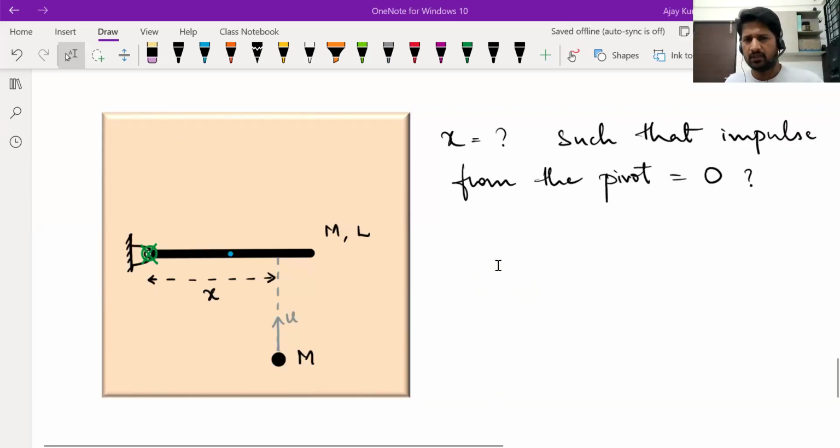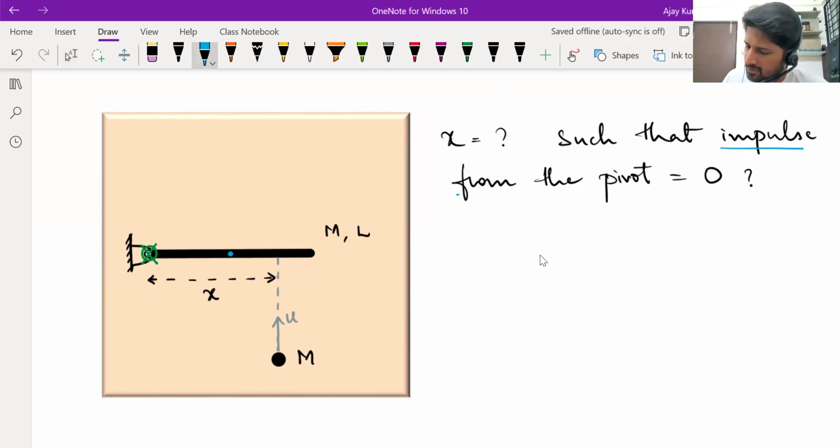Any idea, anyone? How shall we solve this problem? First we write angular momentum conservation and linear momentum conservation. Good. That's all simple.